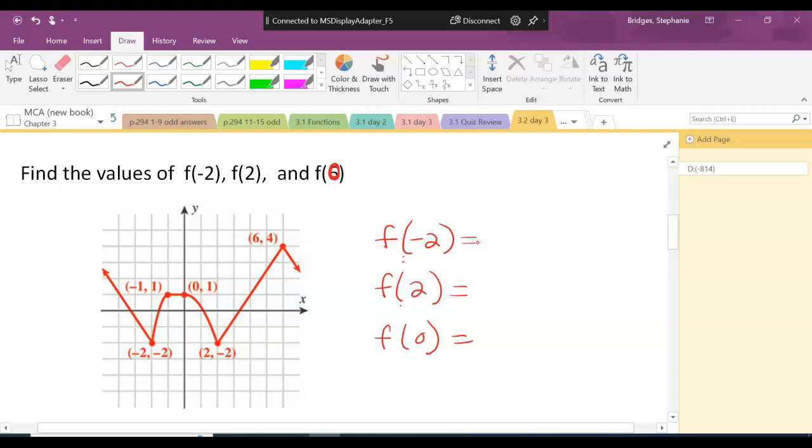This is still the same graph. I just had to change slides because I didn't have enough space. Okay, again, the number in your parenthesis is your x value. So I'm looking where x is -2. Which one of these ordered pairs? I have an x of -2, so what would the y value be? -2.